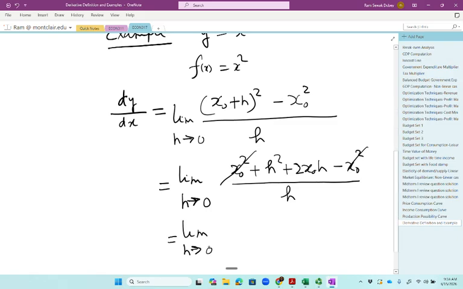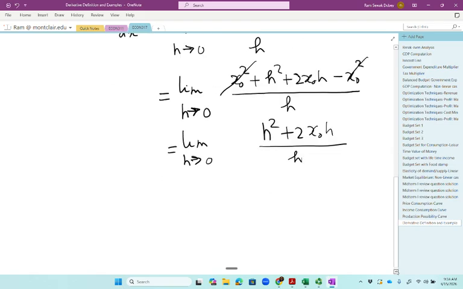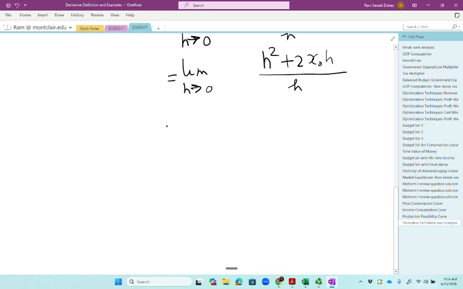is limit h going to 0 of h square plus 2x0h, and I divide by h. Now we can factor out h from the terms in the numerator.